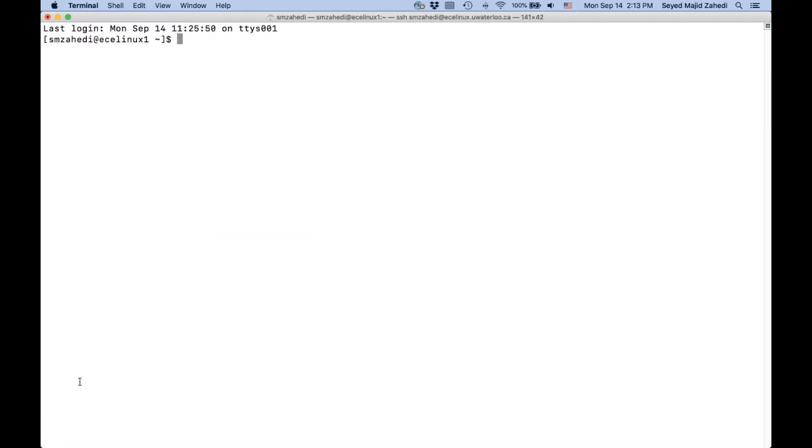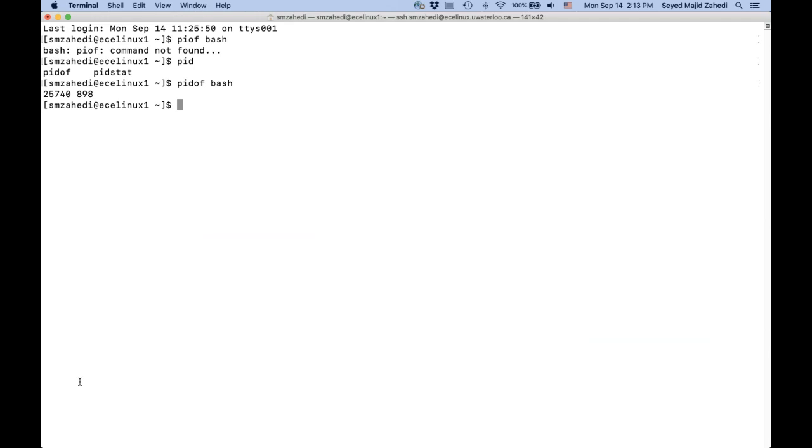Okay, so I'm now in a Linux system. Hopefully you guys can see. So let's see what is the PID of bash. It's 257.